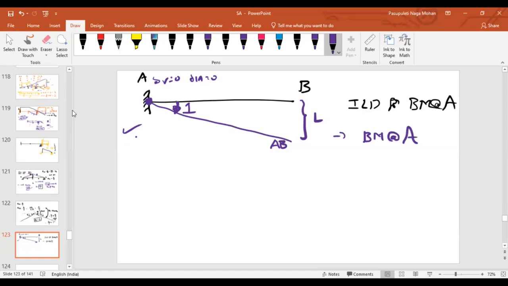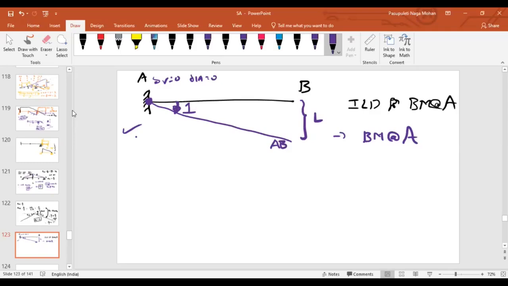The difference between here and the previous problem is that in the previous case, we were not drawing exactly at the support. As we are not drawing exactly at the support, there are two members connected. To apply the unit rotation, we don't know how much rotation will be in member 1 and how much in member 2.